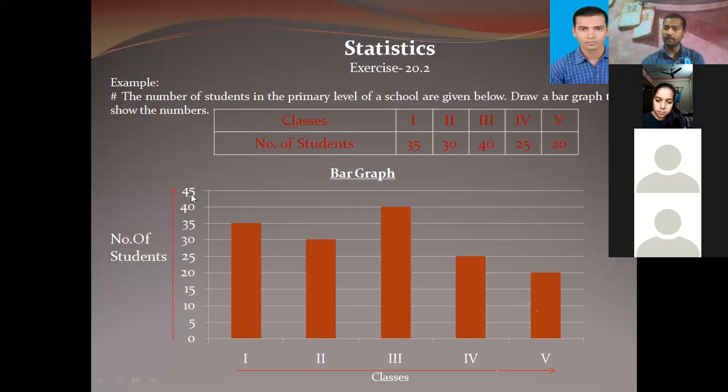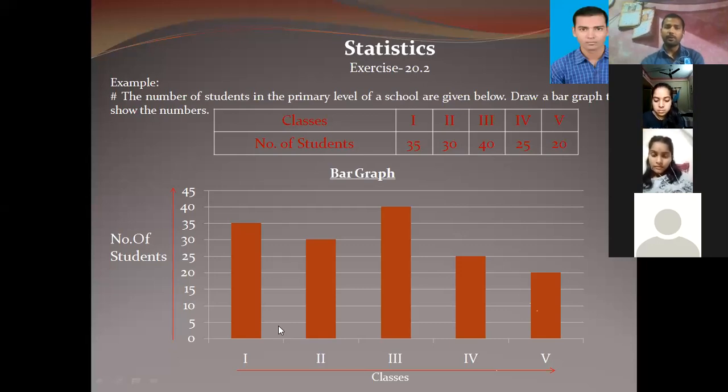In the same way, again there was given that the bars should be placed at equal distance, or the gap between the bars should be same. So here we have the same gap between the two bars. You can see here. Can you see the cursor or the point of the mouse?